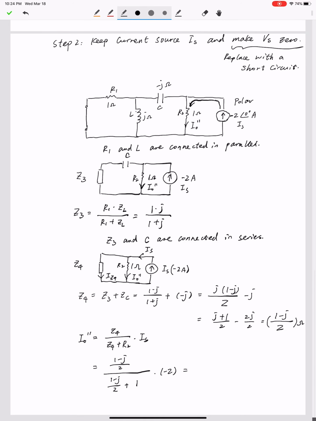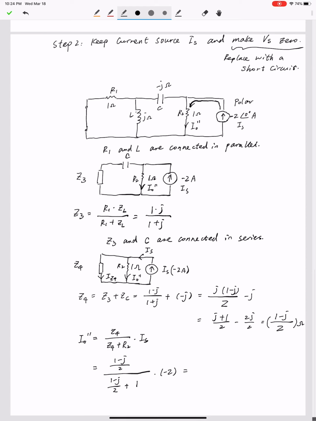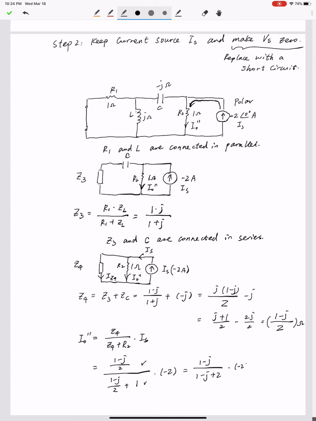To do this calculation, we can multiply 2 on both sides of this fraction. That should be 1 minus j divided by 1 minus j plus 2, times minus 2, which equals 1 minus j over 3 minus j, times minus 2.